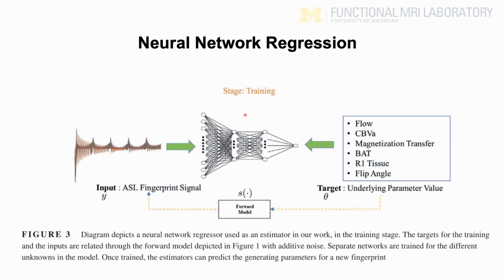And then we learned that it was just easier to make one neural network for each individual parameter and train each one of these networks to solve for one parameter at a time. Okay. And so the way we did it is we simulated 6 million time courses with the variation of blood flow parameters, and we trained the 6 networks to give us the parameters we wanted.